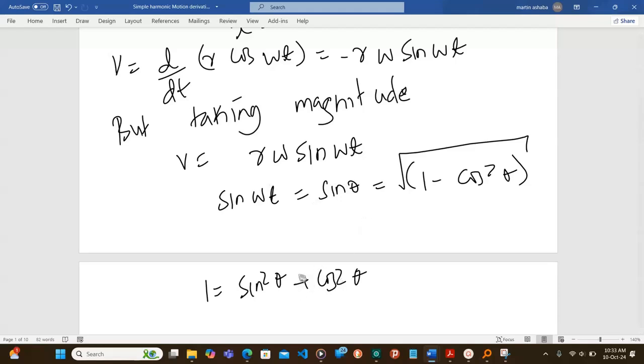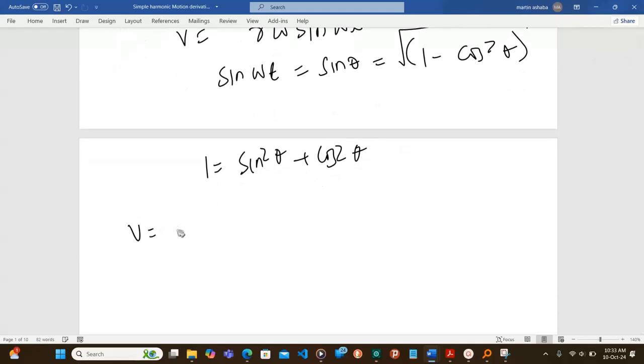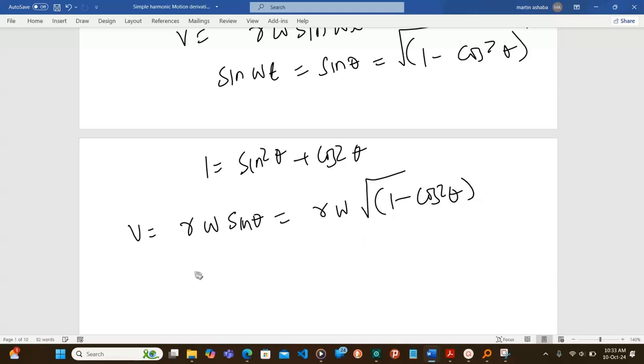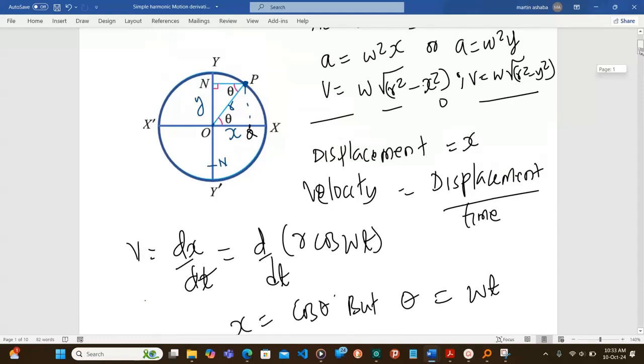So from there we can get the expression for sine theta. Meaning v will equal r omega sine theta, which is r omega times the square root of 1 minus cos squared theta. But cos theta is the same as x over r, according to the geometry of this circular path.